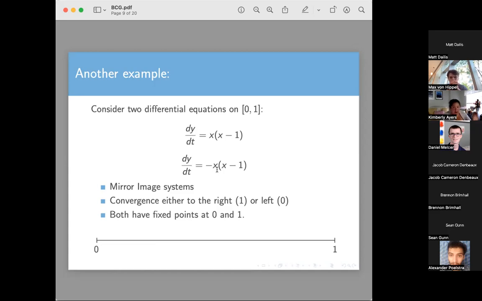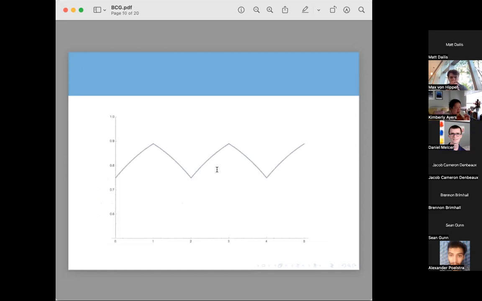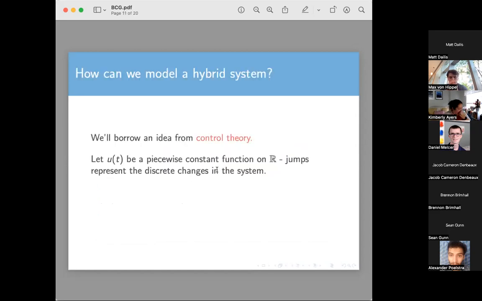So I have mapped out all of the switching that's going to happen ahead of time. Those jumps, when I switch from A to B, or however I've notated the different systems I'm working with, represent those discrete changes in the system.